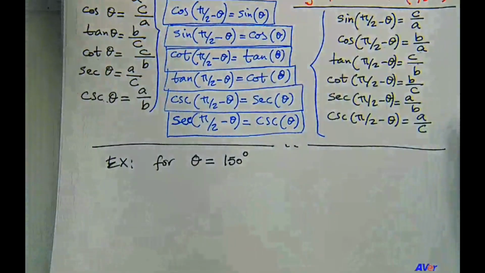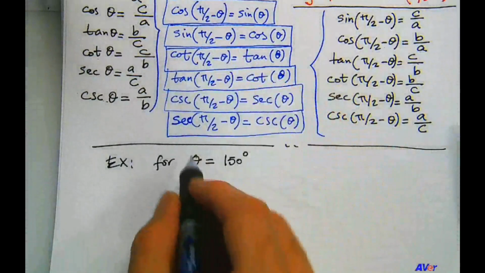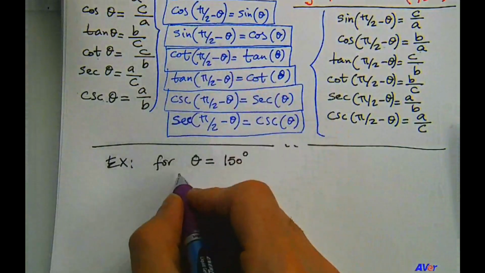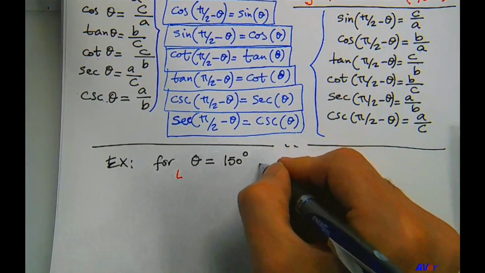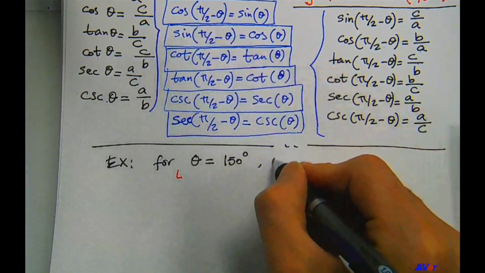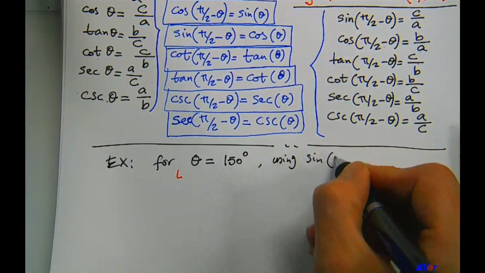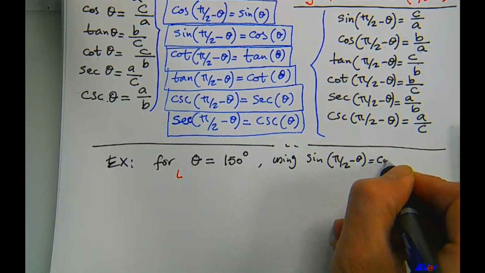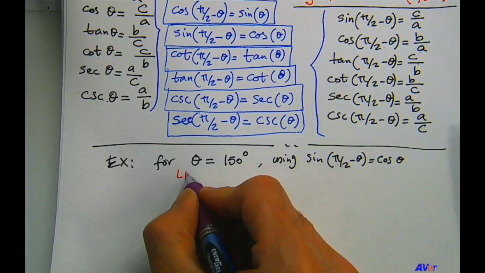So let's see. So we have on the left-hand side, we're going to test that one. Let me write that down. Using sine of pi over 2 minus theta equals cosine of theta, right? Using that. So what is the left-hand side equal to?